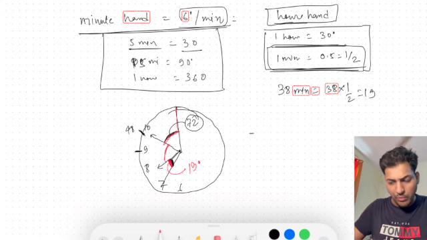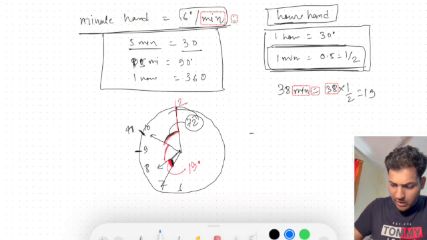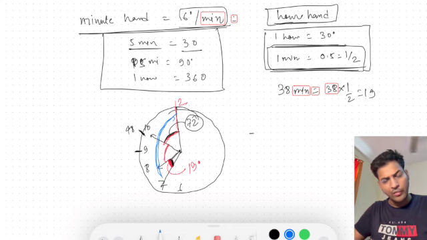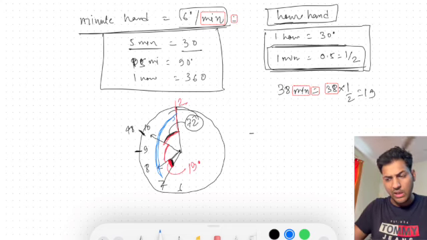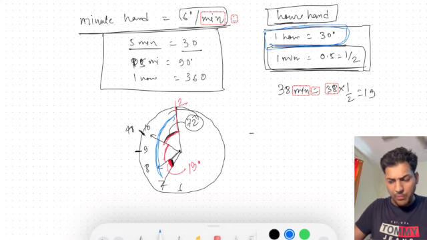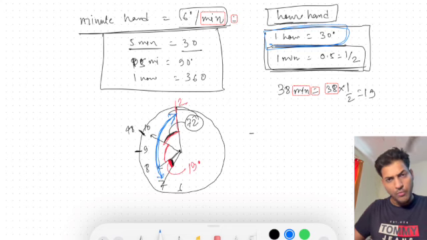Because you already know that between 12 and 7 this angle is nothing but 150. Why 150? Because 5 hourly segments. You have to remember that each hourly segment is 30 degrees. So as each hourly segment is 30 degrees, this 5 hourly segment will be equal to 150 degrees.